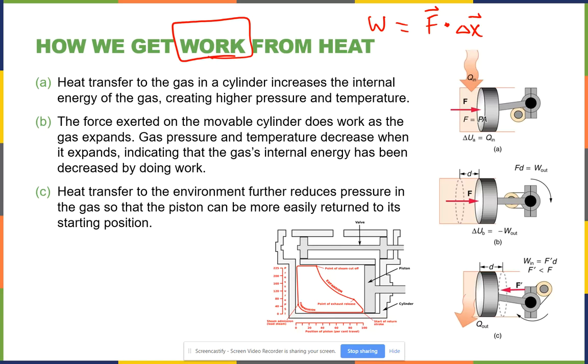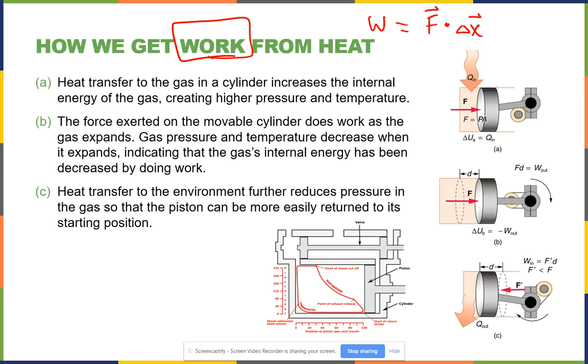Now, to understand how we're going to get work from heat, we'll consider a simple case of a piston. So we have a piston in a cylinder, and there's gas in the cylinder. We'll just look at the pictures here on the right.